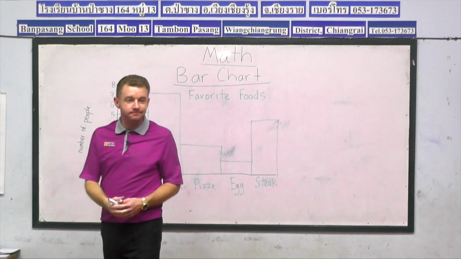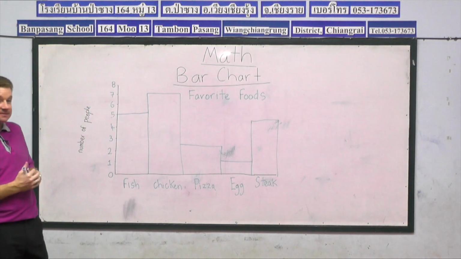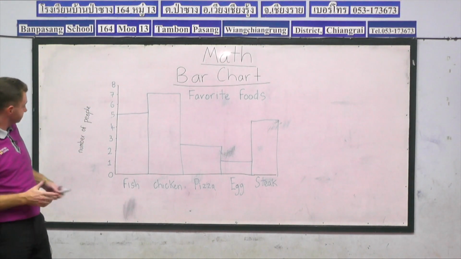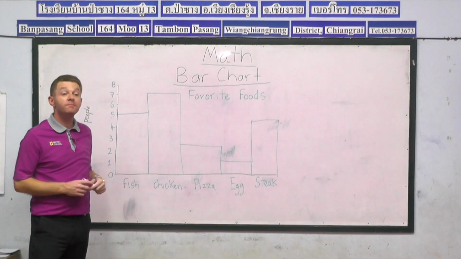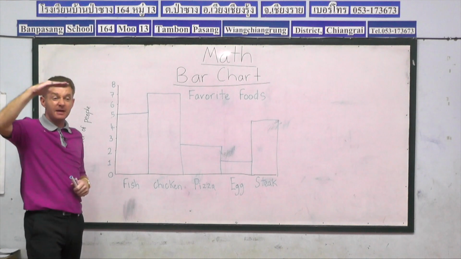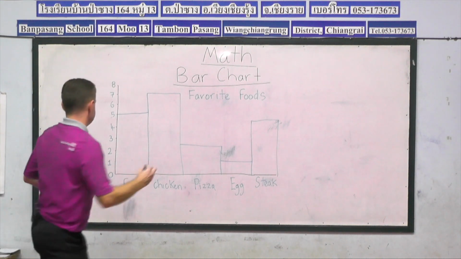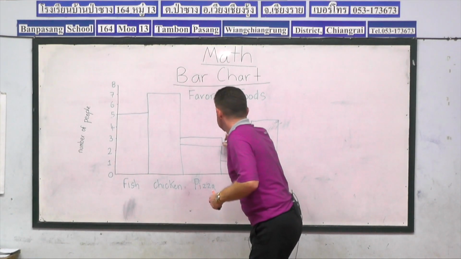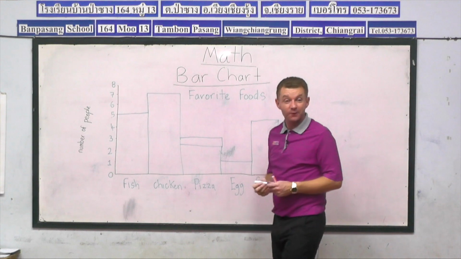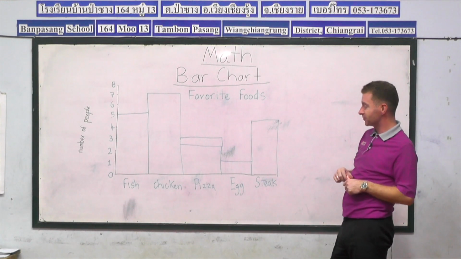How about pizza? How many people's favorite food is pizza? 3. 1, 2, 3. We go along. Perfect. Maybe my 3 isn't quite big enough. Let's see. Actually, it's my graph. That should be higher. So now it's 3, okay? So 3 people have pizza as their favorite food.